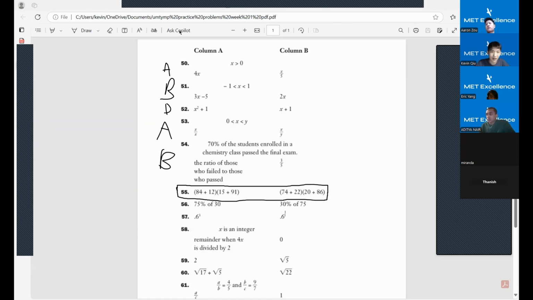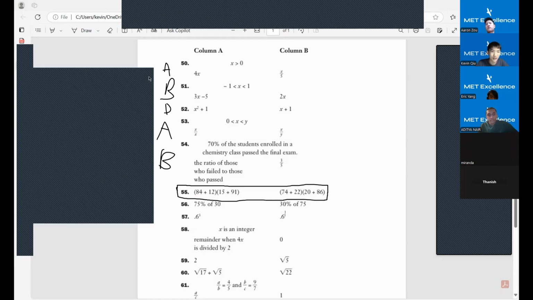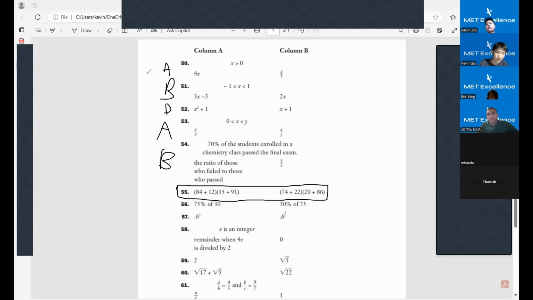I think everybody got that one actually. The correct answer is actually C. The two are equal. So just a quick run through of how you would do this.